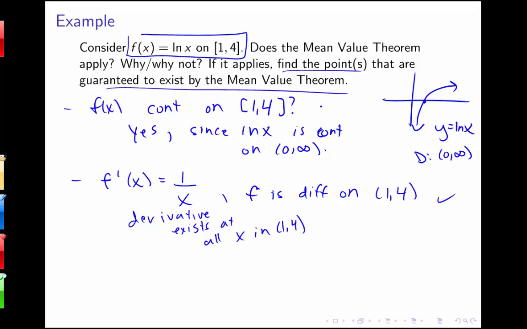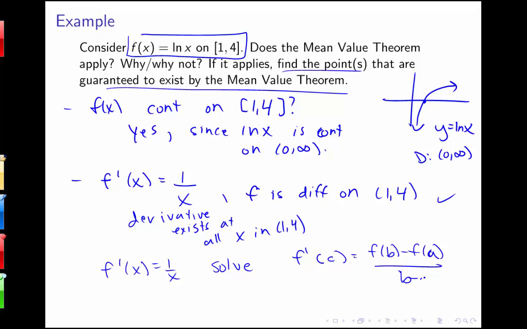So I can say that the derivative is 1 over x, so f prime of x is 1 over x. So we need to solve f prime of c equals f of b minus f of a over b minus a, where a is 1 and b is 4.